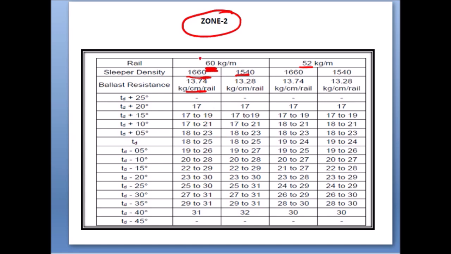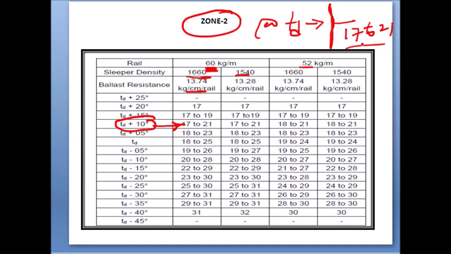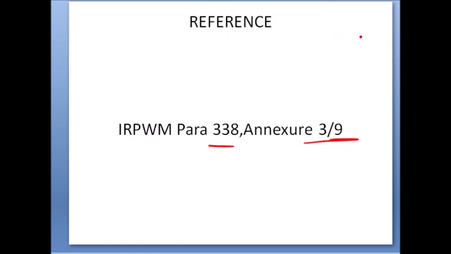I am taking zone 2 as an example, and the temperature at site is TD plus 10. For this temperature, at TD plus 10, the position of the tongue rail from our reference line should be 17 to 21 mm.